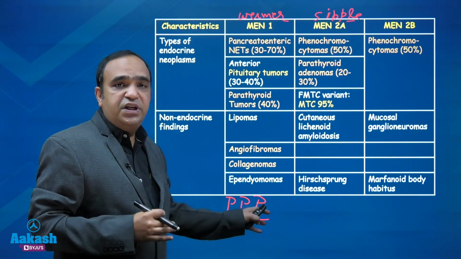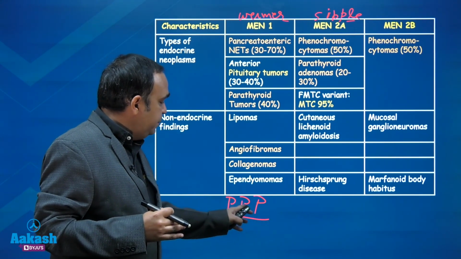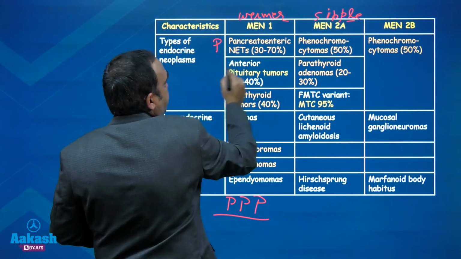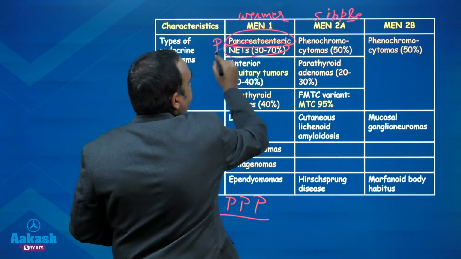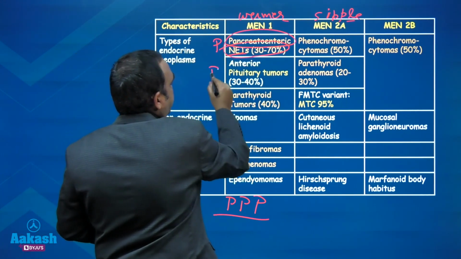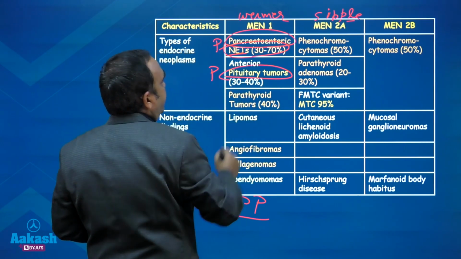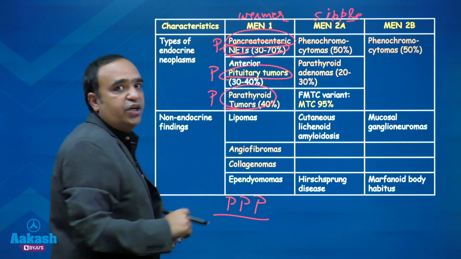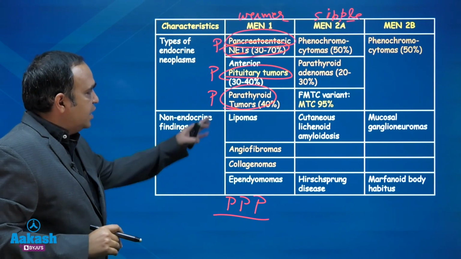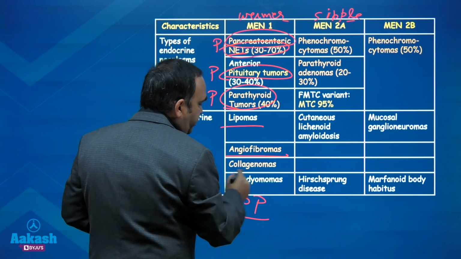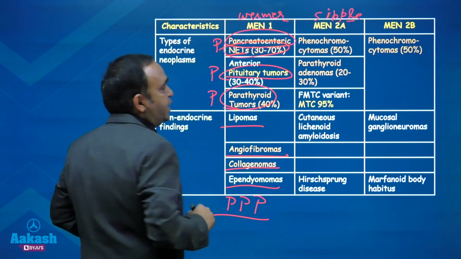So that's a combination of tumors: pituitary, pancreas, parathyroid, triple P. So 1P, pancreatoenteric neuroendocrine tumors, right? Second P, pituitary tumors, right? And third P is parathyroid tumors. The other non-endocrine manifestations: lipomas, angiofibromas, collagenomas, ependymomas.